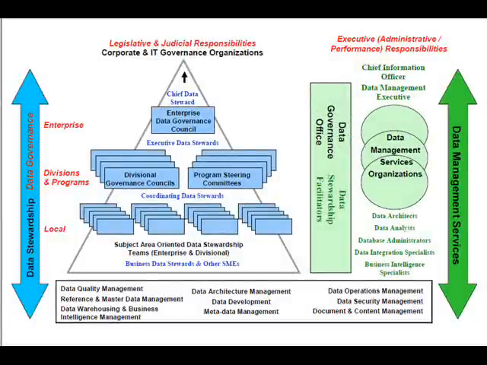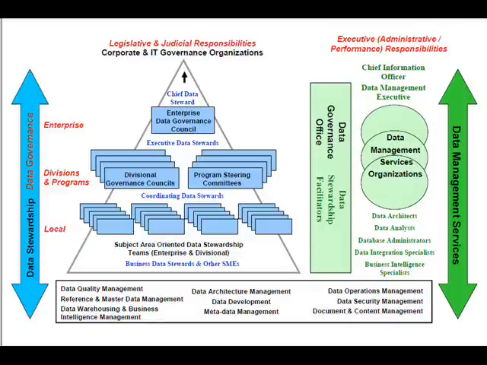This graphic depicts the data management organization's governance, stewardship, and services. On either side of the graphic are your gatekeepers. In blue are data stewardship, data governance, and on the right in green is data management services. Since we're on the right, let's begin with the executive administrative performance responsibilities.